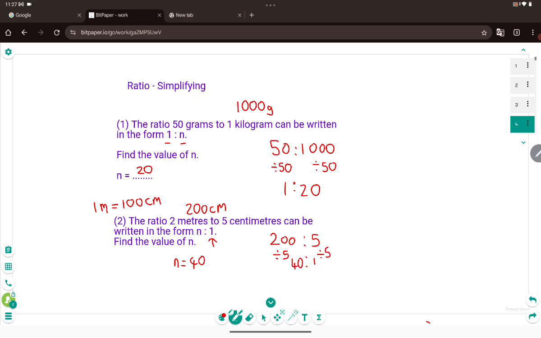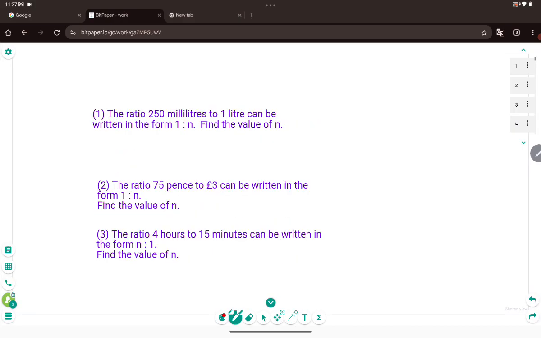Okay. Have a go at these 3 questions. Put me on pause, unpause when you're finished. Okay, so for these 3 questions, 1 litre is 1,000 millilitres. So that's your first step, converting so the units are consistent. 1 to n, well, let's just write it as 250 to 1,000 first.